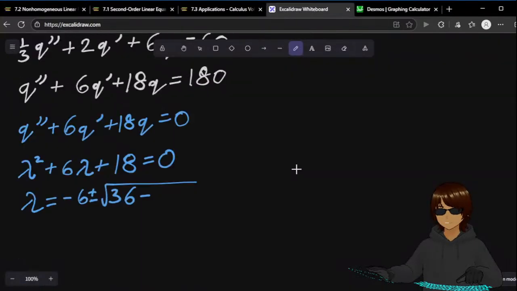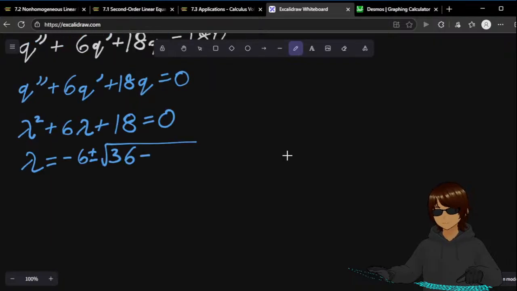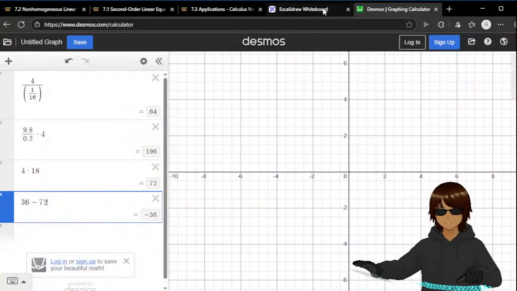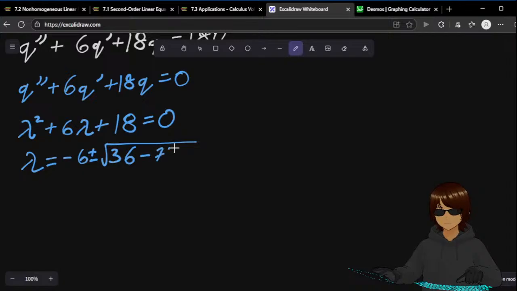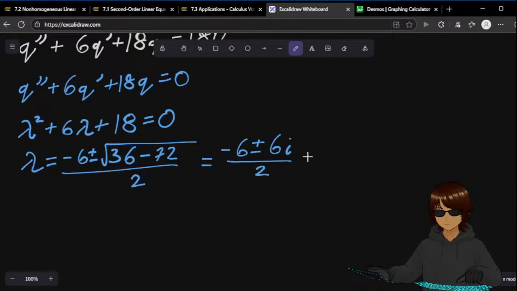Right. This is what? Minus 6 plus minus 6i over 2, minus 3 plus minus 3i.